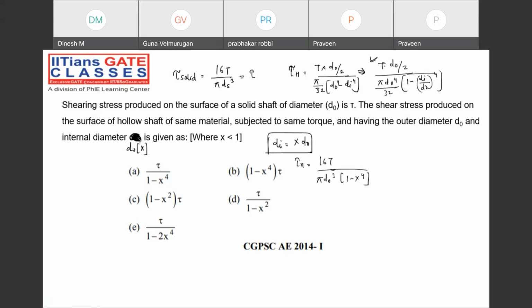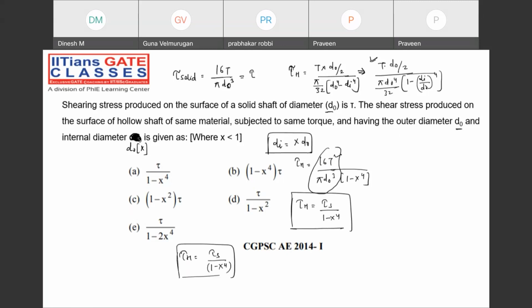Both are subjected to the same torque and have the same outside diameter, here d naught and here also d naught. So directly can I write tau hollow shaft will be tau solid shaft divided by 1 minus x to the power 4.